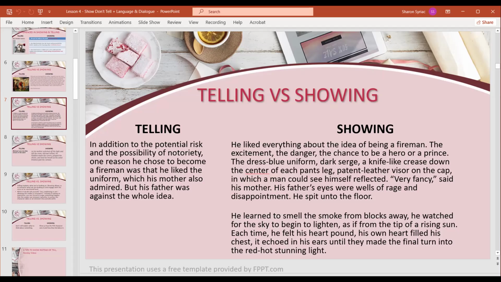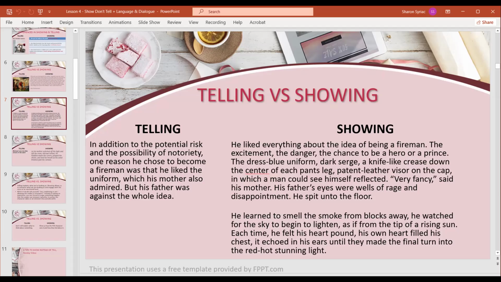His father's eyes were wells of rage and disappointment. He spit onto the floor. He learned to smell the smoke from blocks away. He watched for the sky to begin to lighten, as if from the tip of a rising sun. Each time he felt his heart pound. His own heart filled his chest. It echoed in his ears until they made the final turn into the red-hot, stunning light.